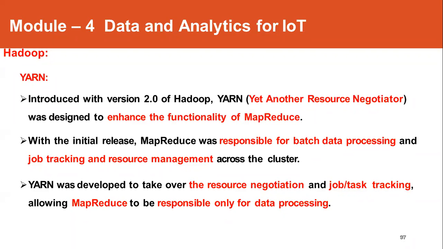Initially, MapReduce was responsible for batch processing of data, and YARN was developed to take over resource negotiation and task tracking, allowing MapReduce to only do the data processing work. It is like adding another layer to the processing, where MapReduce does only the data processing, while resource scheduling, job assigning and tracking are done by YARN.